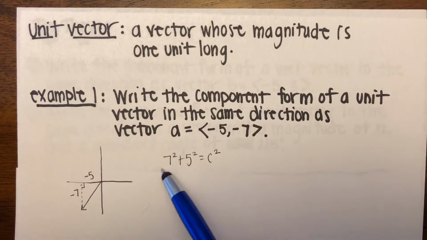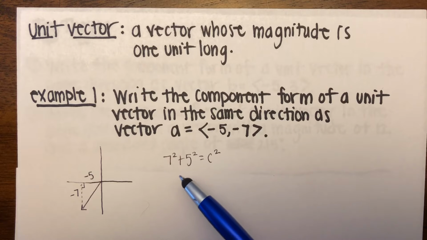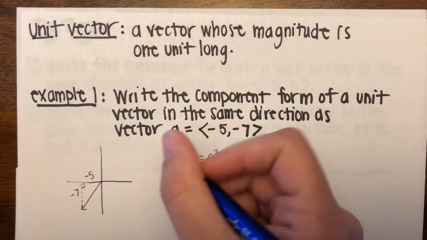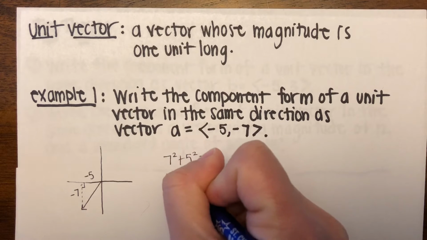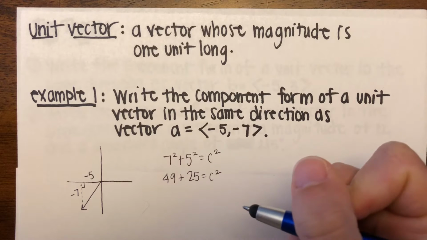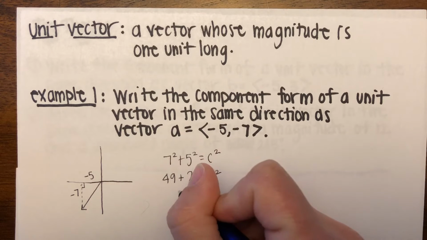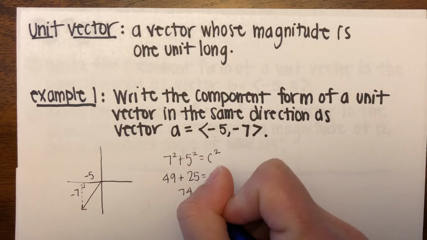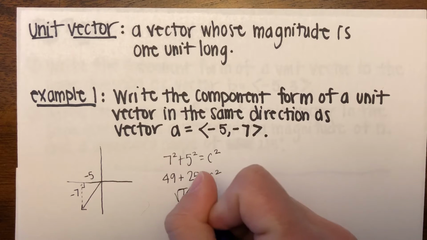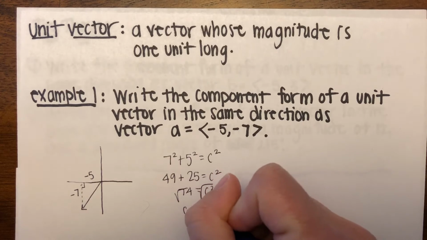We don't have to worry about putting the negatives in because if you square a negative, it just turns positive anyways. So 7 squared is 49, 5 squared is 25, equals c squared. 49 plus 25 gives us 74. And if we square root that, we get c equals the square root of 74.